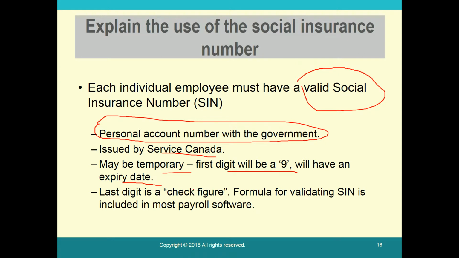There is also the validity of the social insurance number. Most software, whether payroll-related, accounting software, or income tax preparation software like TaxPrep or Profile, and in terms of accounting software QuickBooks, Sage 50 or Sage 300, whenever there is a requirement to enter a social insurance number, if it is not a valid number, it will not accept it. Valid means that it passes the calculation check.